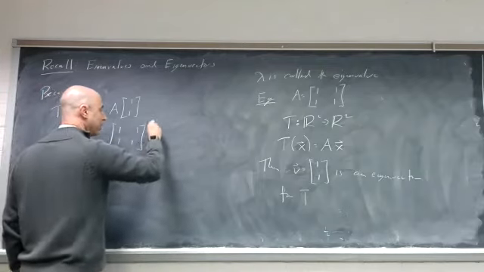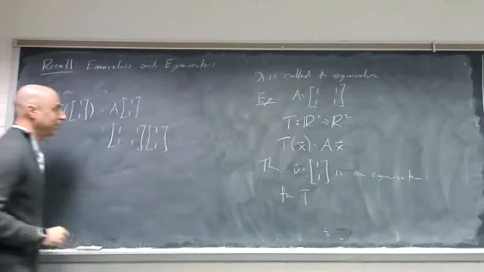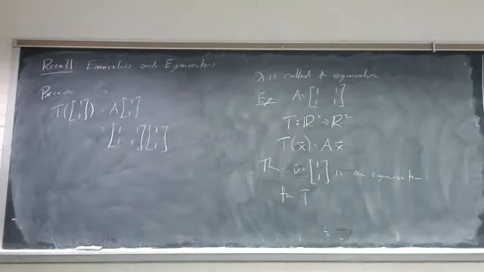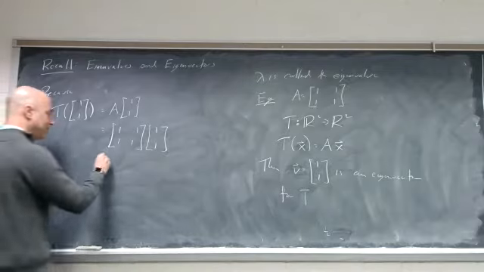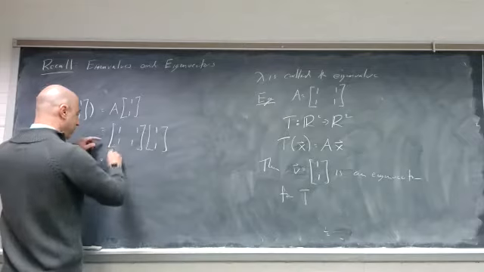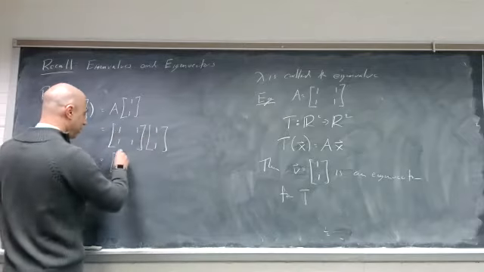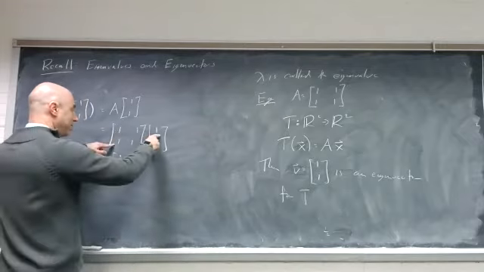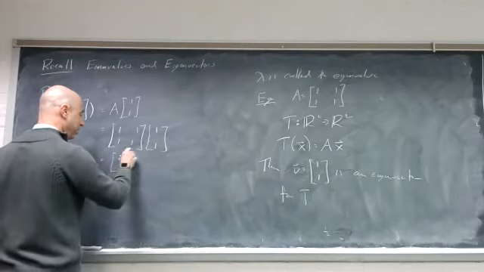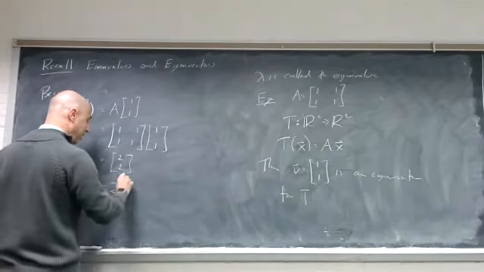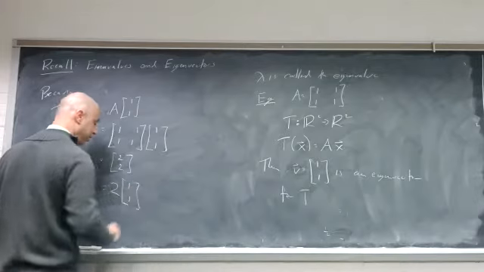A lot of ones floating around here. And if we multiply this out, 1 times 1 plus 1 times 1 is 2. 1 times 1 plus 1 times 1 is 2. So this is just 2 times the original vector.